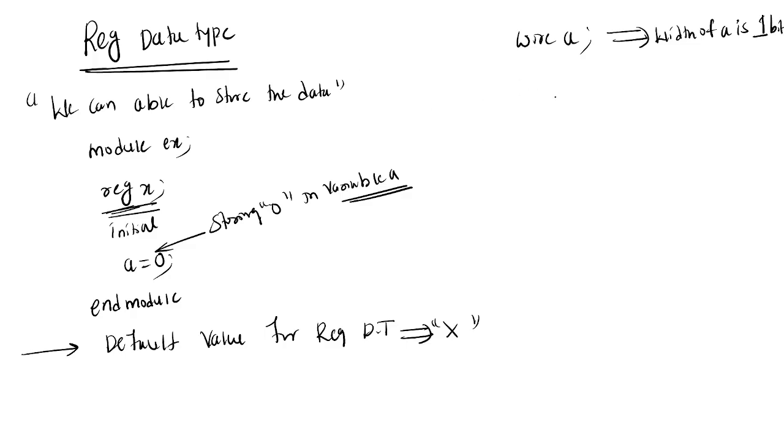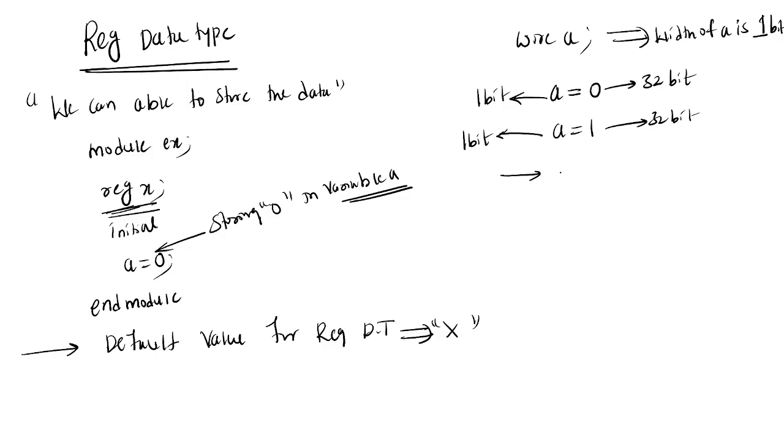Suppose you consider a equal to 0 or a equal to 1. This is nothing but 1 bit only. Normally this RHS is how many bits? Last class we already discussed, this right side is 32 bits.